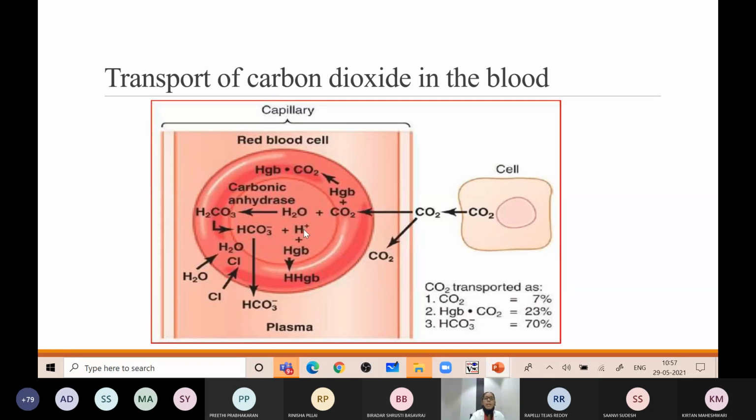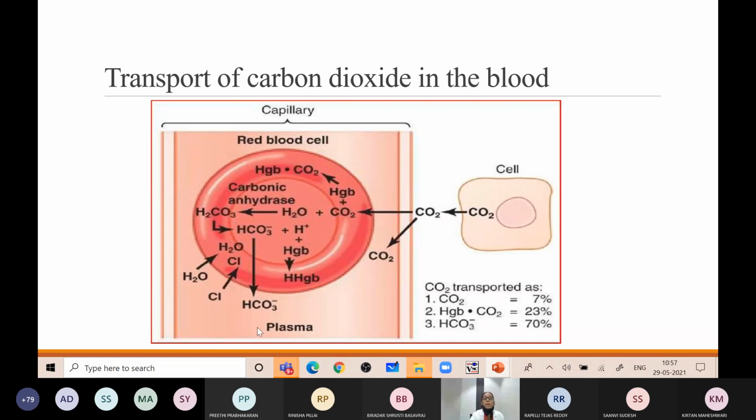This H plus will be buffered by our hemoglobin. One of the important functions of hemoglobin is buffering. It has a capacity of buffering, so immediately it combines with the H plus and maintains the pH. Then the bicarbonate diffuses to the plasma in exchange for chloride. Chloride enters into the RBC.